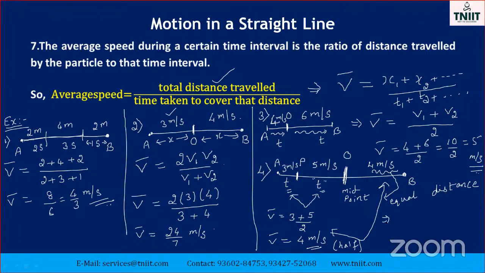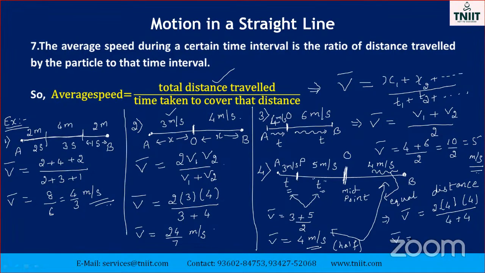So for equal distance, average speed is given by the formula 2 times V1, that is 4, into V2, that is 4, divided by V1 plus V2, that is 4 plus 4.